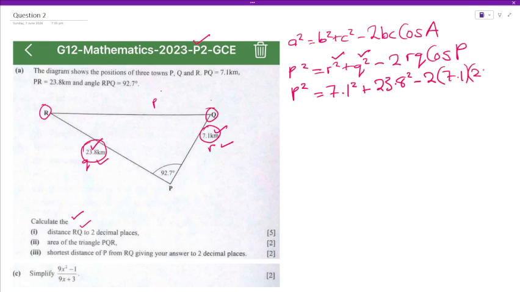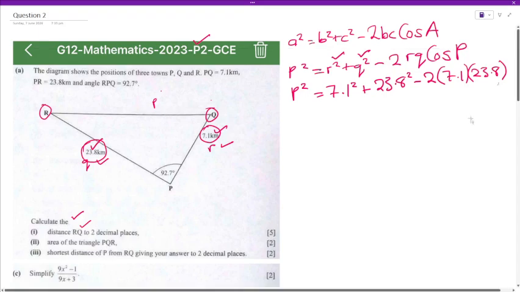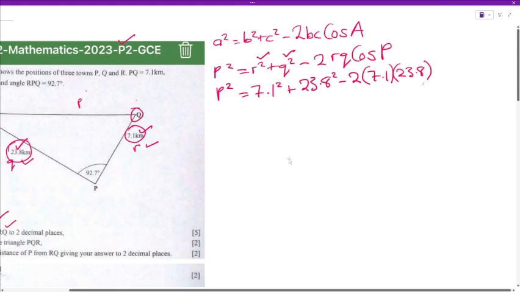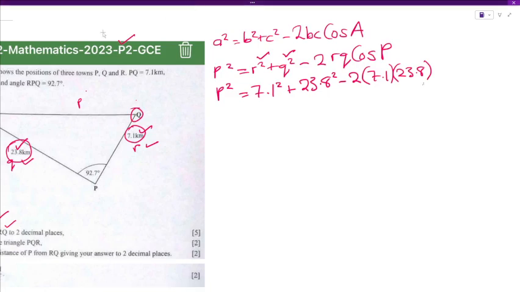So 23.8, you close. And then cos P. What is the angle at P? The angle at P is 92.7.